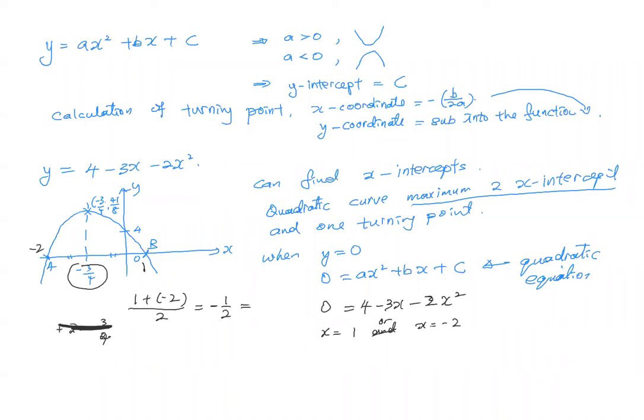It's not equal to -3/4. So how can it be correct? Because this is symmetrical. So it's wrong. Can you give me the correct answer, please?